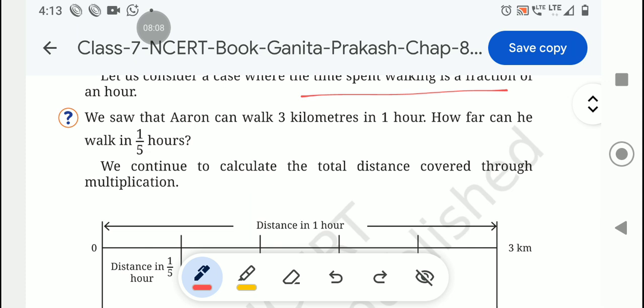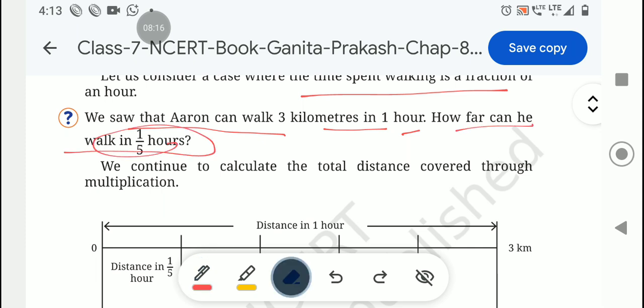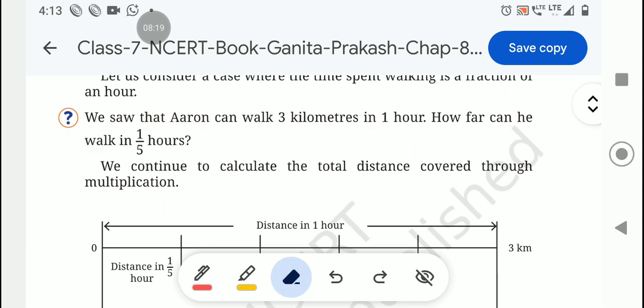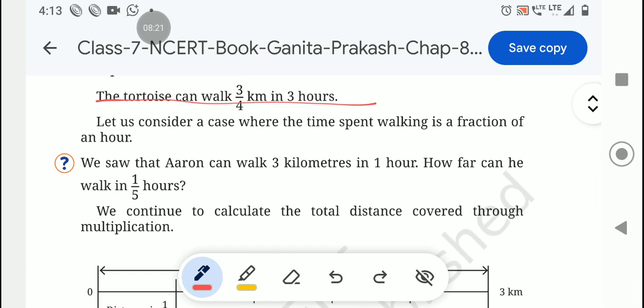Next, we saw that Aaron can walk 3 kilometers in 1 hour. How far can he walk in 1/5 hours? So now they have given one case. We know that Aaron can walk 3 kilometers in 1 hour.